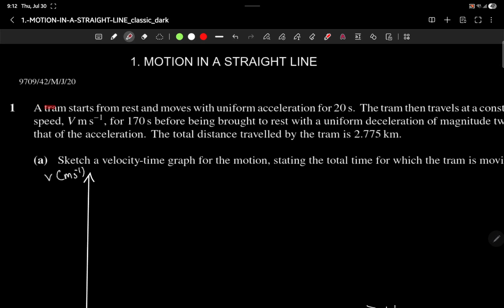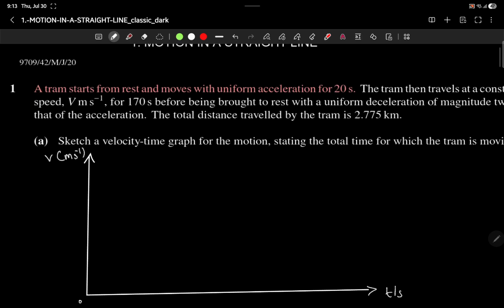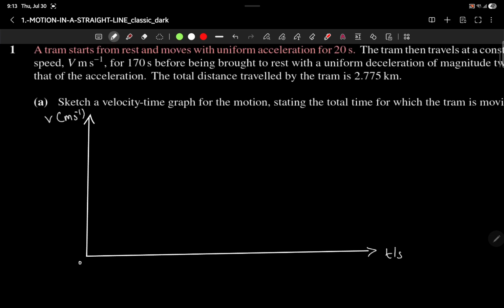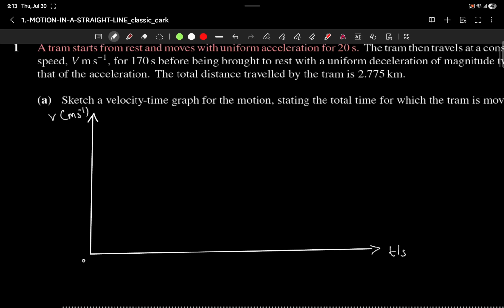It starts from rest and moves with a uniform acceleration for 20 seconds. So it starts from 0, and whenever it says uniform acceleration, that means constant acceleration. That means it's going to be a straight line upwards, so from here, 20 seconds upwards.